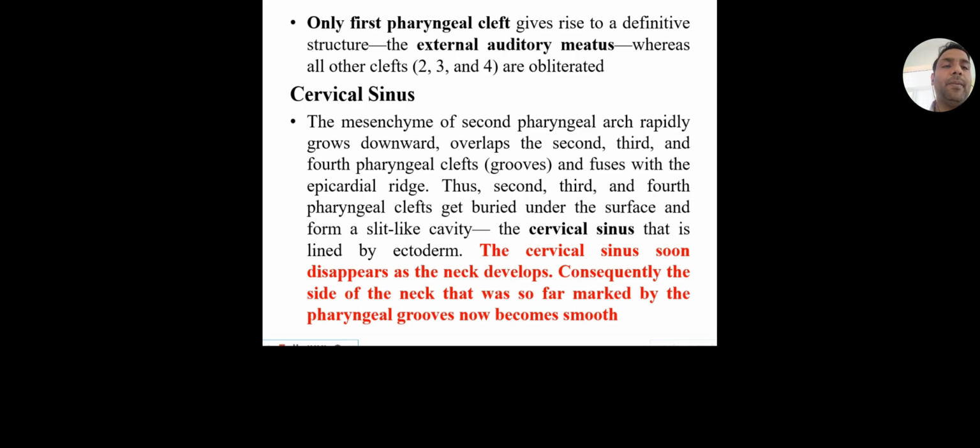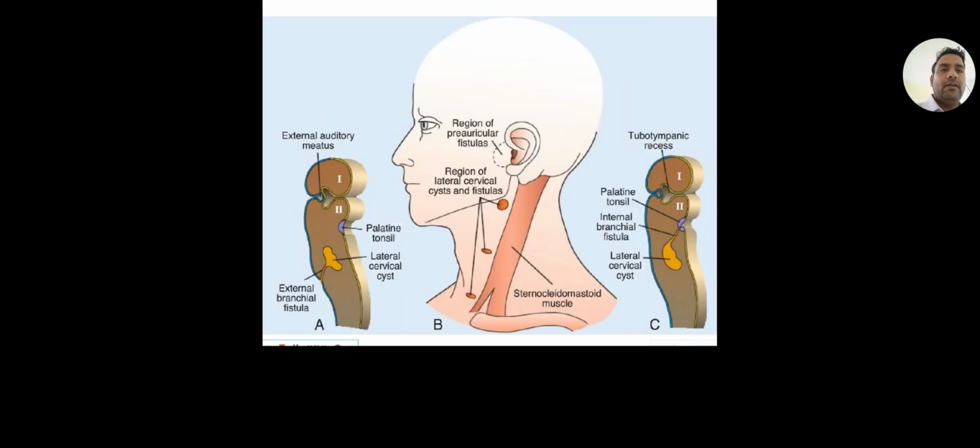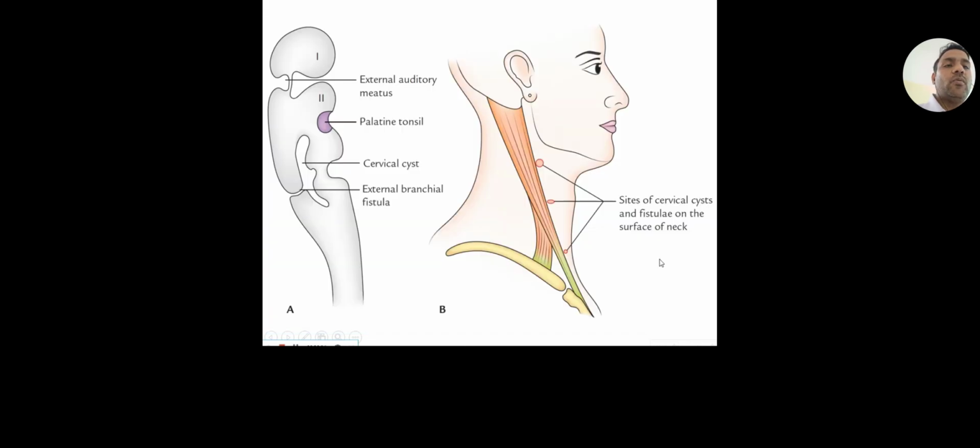But if they remain patent, they form a cavity with an opening called a sinus in the neck, that is called the cervical sinus. They may have a duct with them, that is called a fistula. We typically call it a branchial fistula. You can notice here the cervical sinus may open externally anywhere with respect to the anterior border of the sternocleidomastoid.